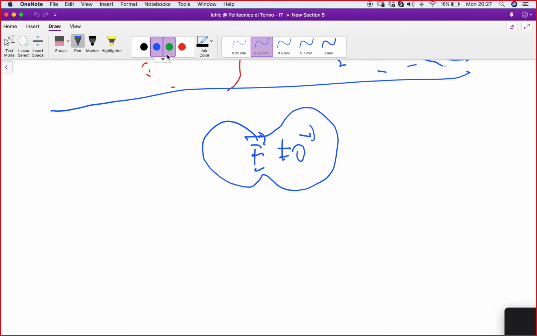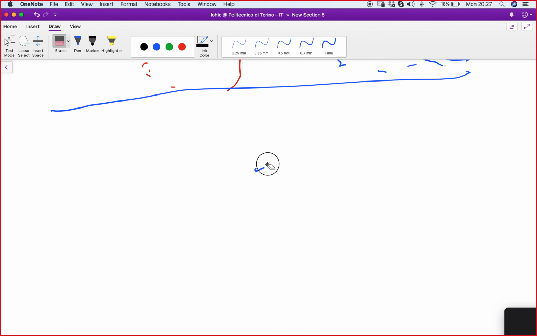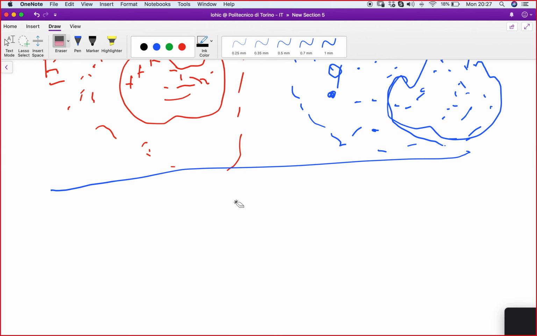We don't want the charges to move, because we are doing electrostatics. So if you want the charges of the conductor to be in equilibrium, the only thing that we can do is to make the field inside the conductor always equal to 0.